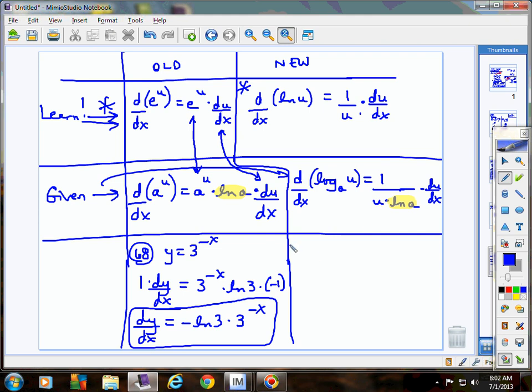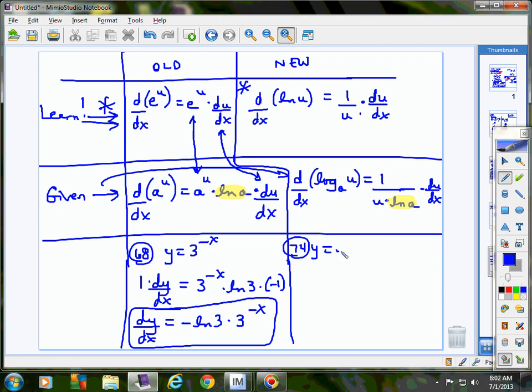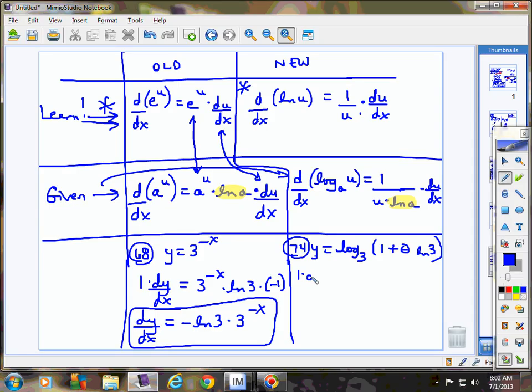Let's do number 74 as an example of this one. Find the derivative of log base 3. Okay, red flags, right? Going flashing because we know we've got something besides an ln problem. It's a base 3 log. 1 plus theta ln of 3. Okay, so the derivative of y is 1, dy/dθ.